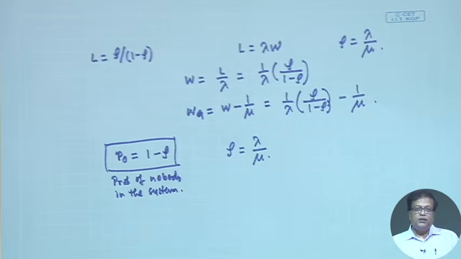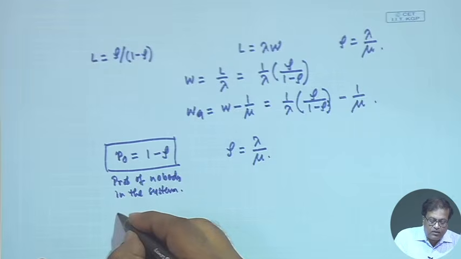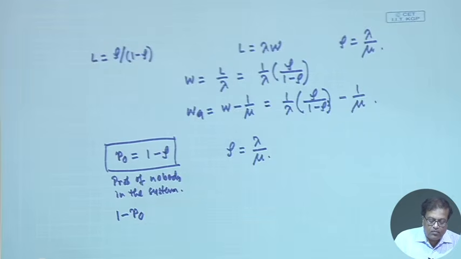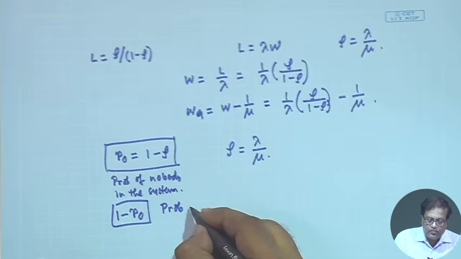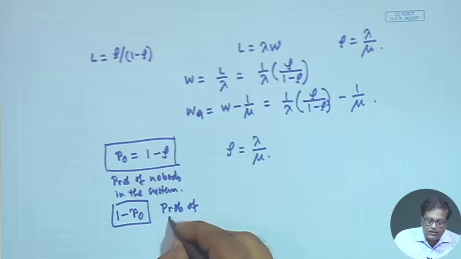Right. So, if P0 is the probability of nobody in the system, which is 1 minus rho, then what is 1 minus P0? 1 minus P0 is the probability of somebody in the system.